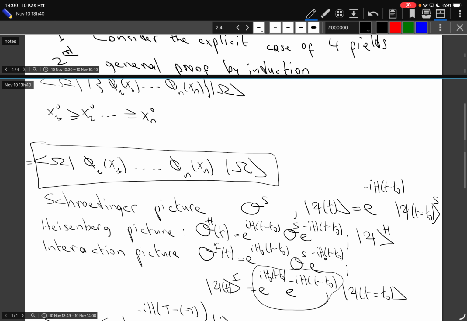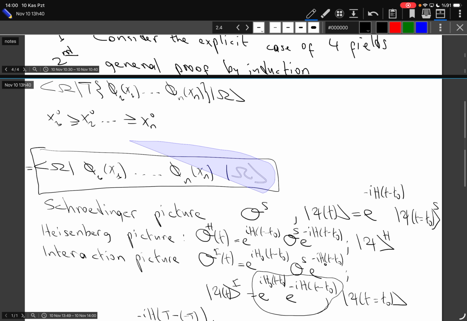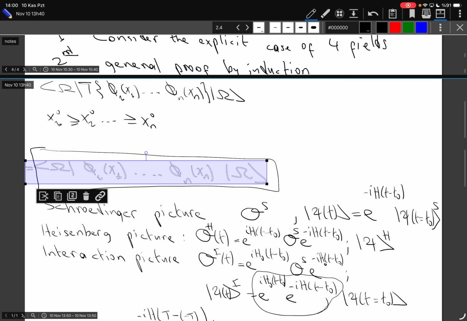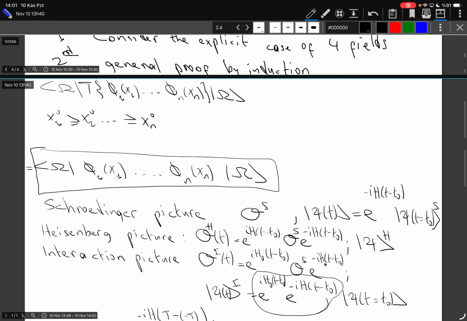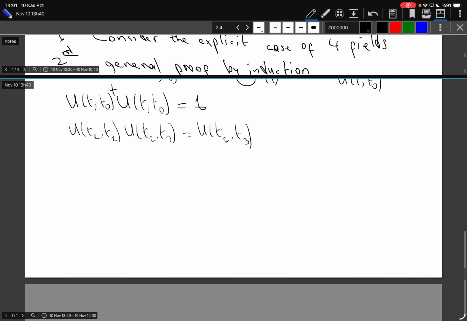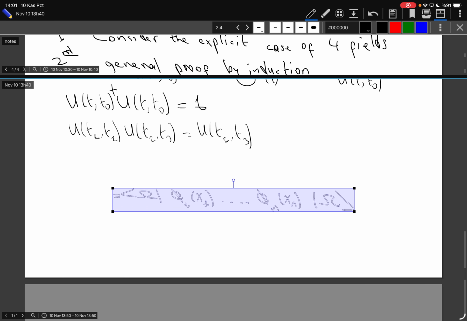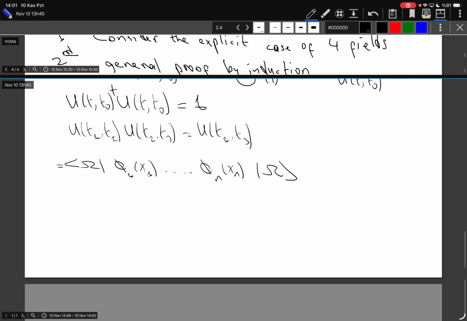Now let's go back to my matrix element over here. This is equal to omega, U(t1, t0) dagger, phi 1 in the interaction picture.